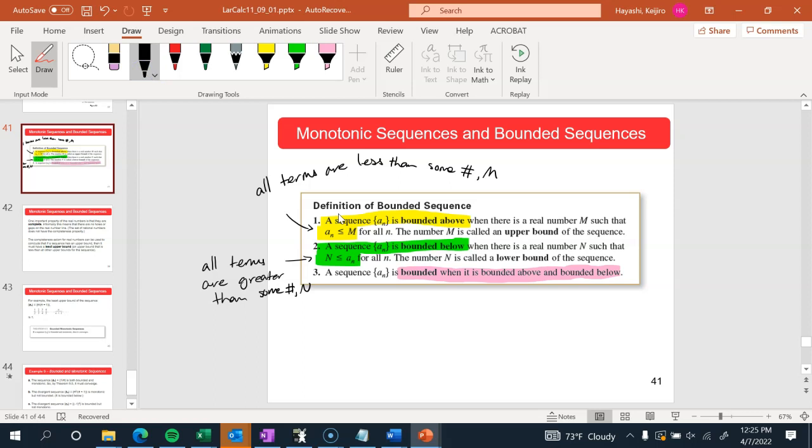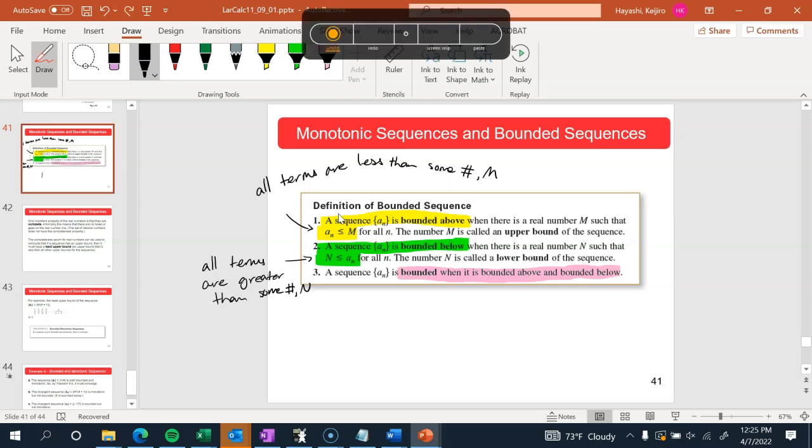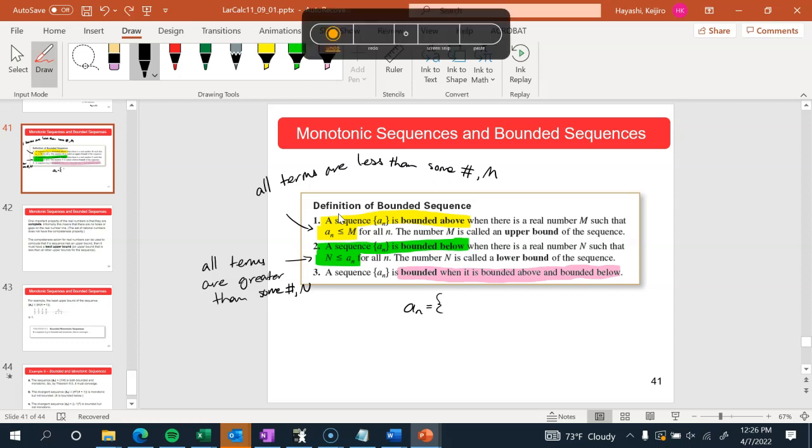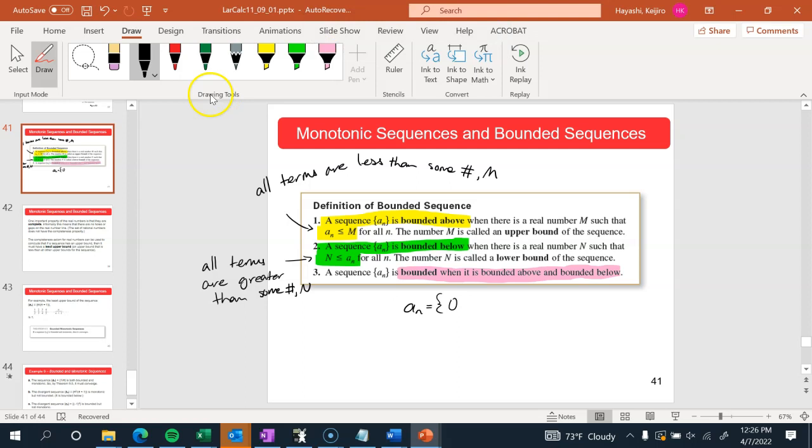Okay, so for example, for a sequence that's bounded, let's think about the sequence that goes 0, 1/2, let's say 3/4, 7/8, 15/16, 31/32.